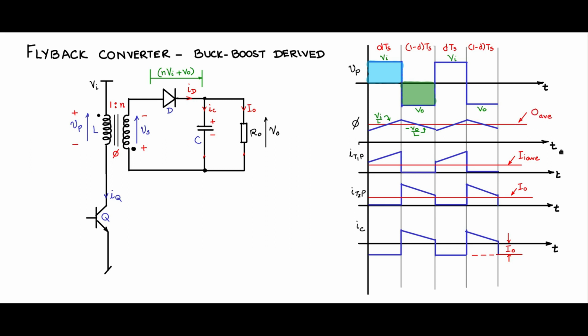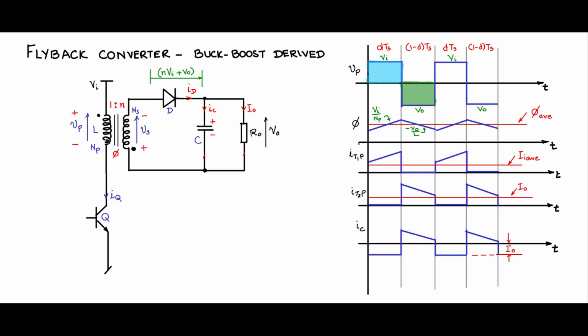So let us say here flux is phi average, this is the average phi, and the slope is not Vi by L. Vi by L is for the current waveform, and here it is Vi by Np, if I say Np is the number of turns of the primary and Ns of the secondary, the rate at which flux changes.